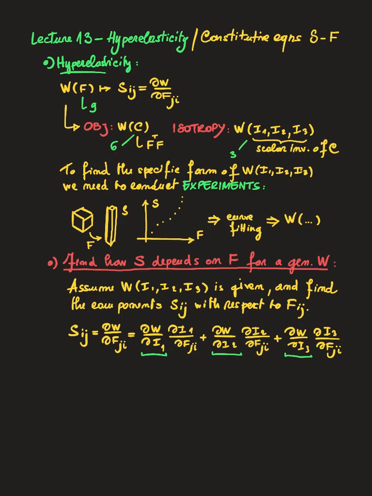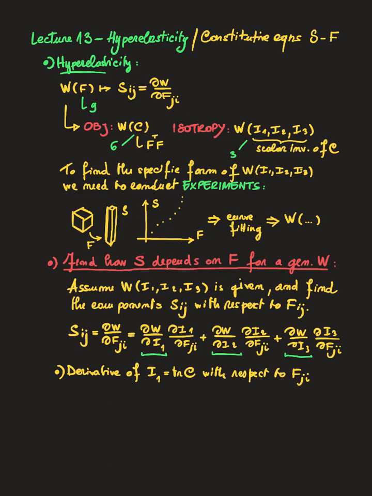So first thing, the derivative of I1, which is equal to the trace of C, with respect to Fji. Okay, let's do it.